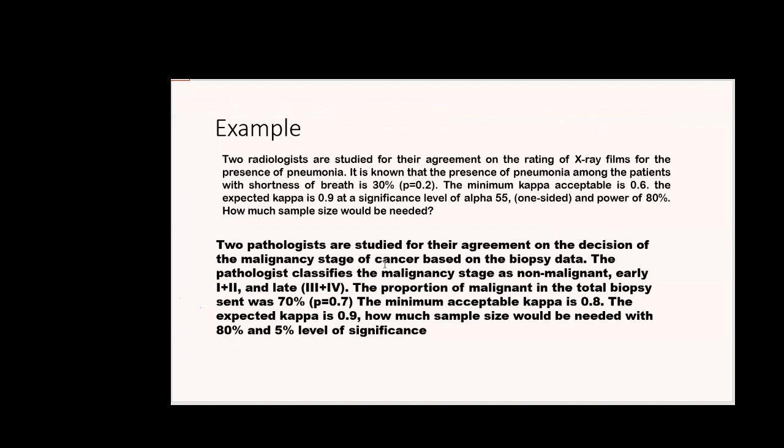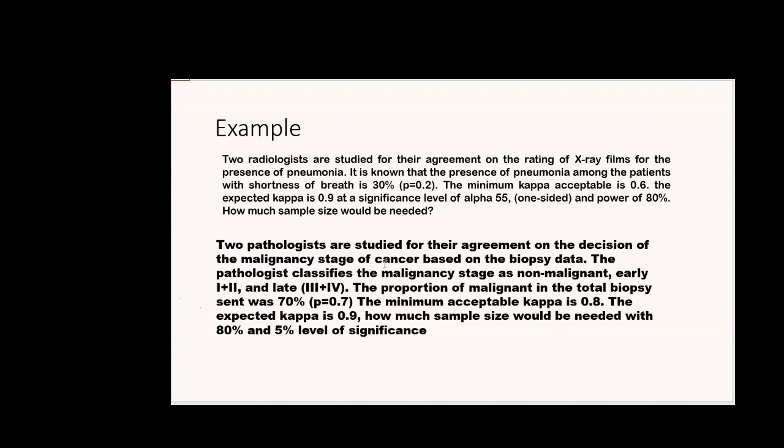Pneumonia is the presence of disease, and the X-ray films are rated for that. Through X-ray we are detecting pneumonia, and the two radiologists independently rate the X-ray film of the patient as pneumonia or not pneumonia for suspected pneumonia.